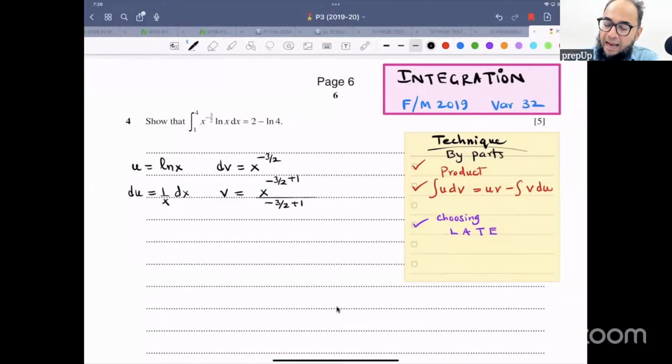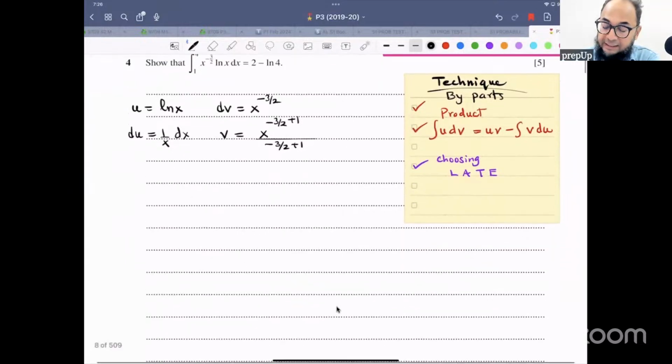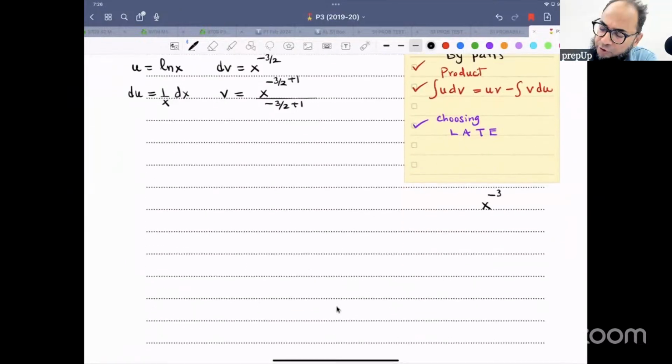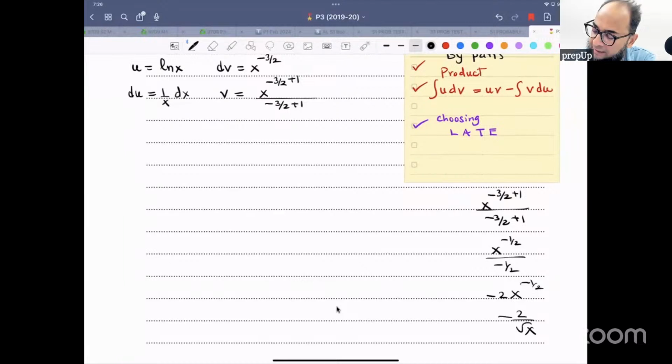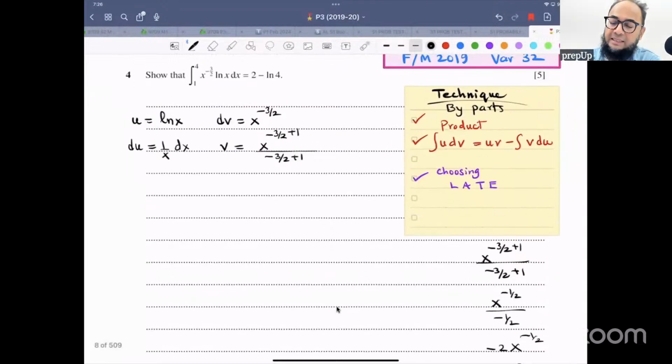Let me simplify it at this corner. x raised to the power of negative half divided by negative half, that is negative 2 x raised to the power of negative half, that is negative 2 over root x. So that is what we get over here.